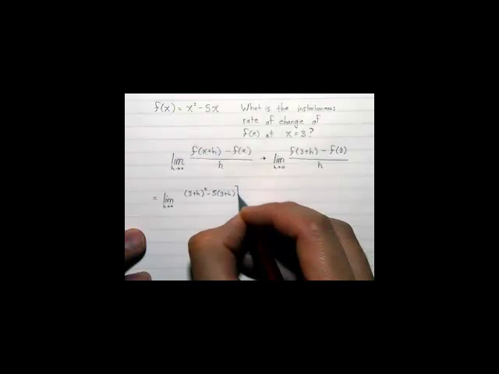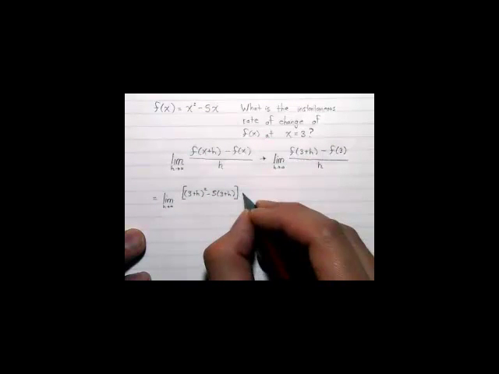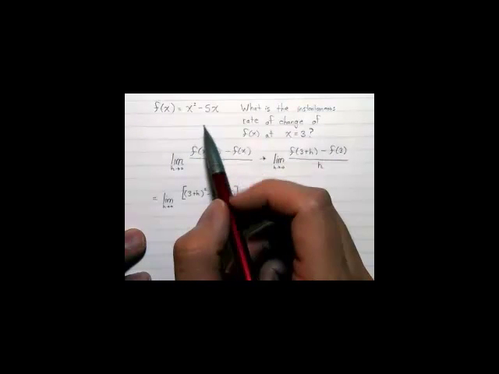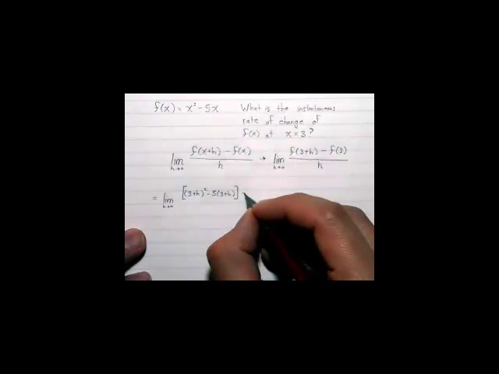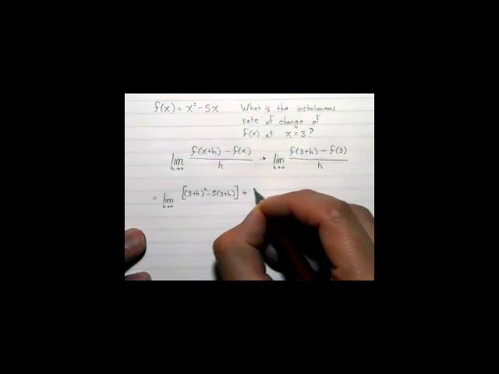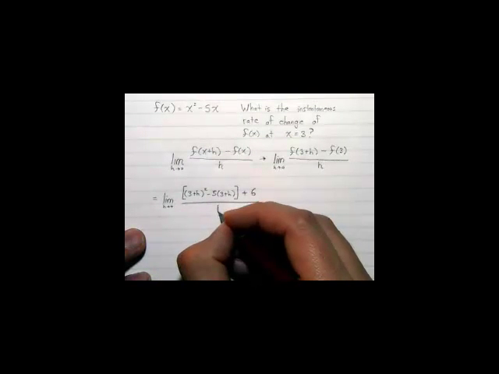Okay, so that all right there is my f of 3 plus h. And then I got to subtract from that f of 3. And f of 3, we've actually already done. We got what? Negative 6 for that, right? 9 minus 15? Yeah. So then this would be plus 6, all divided by h.